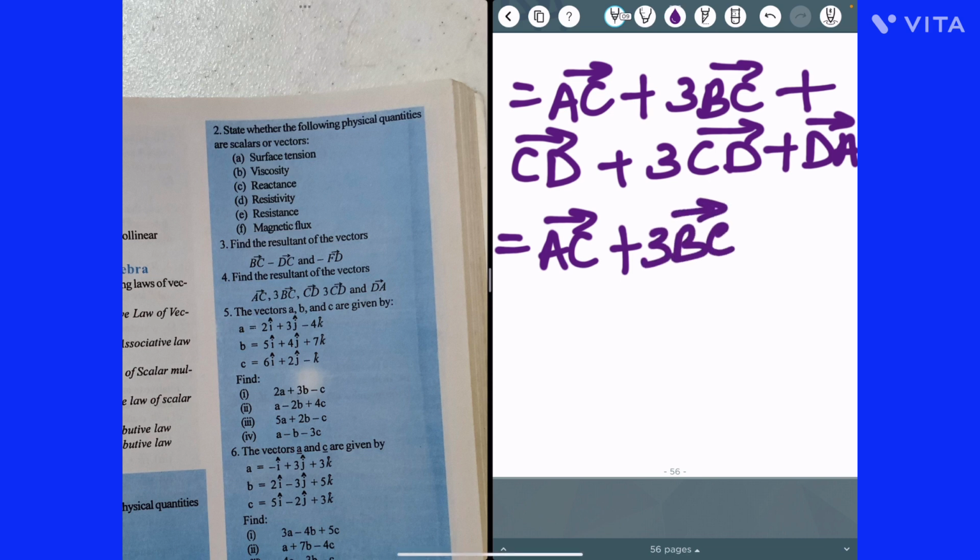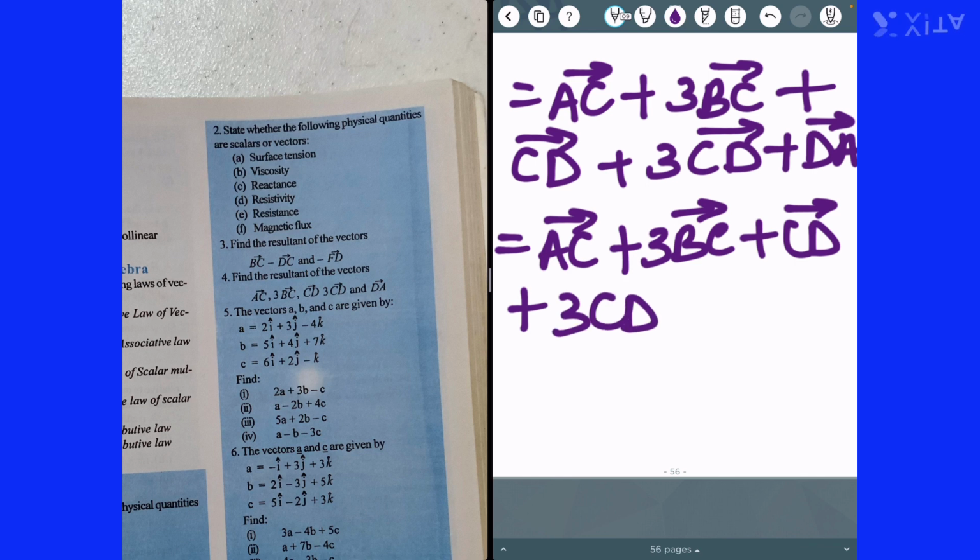Let's just put that down first. Plus CD plus 3CD.